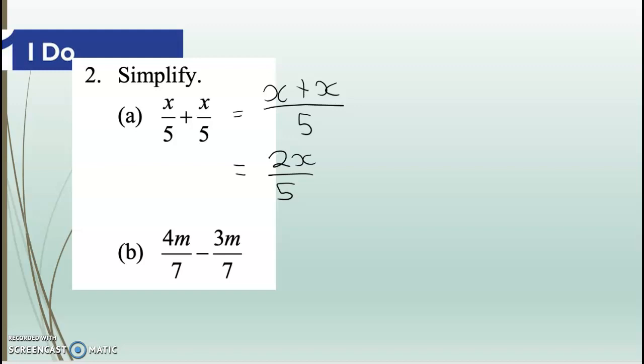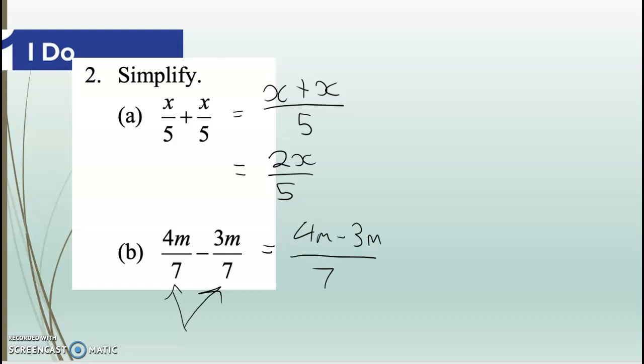B, 4m divided by 7 minus 3m divided by 7. Notice again that both the denominators are the same, and so we simply need to subtract the numerators. So it will be 4m minus 3m over 7.